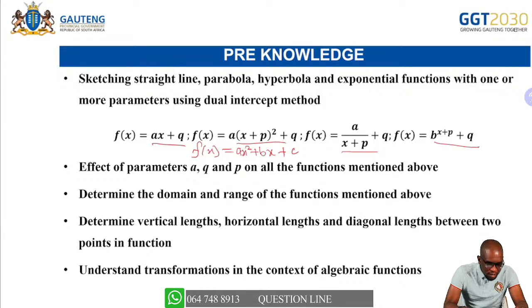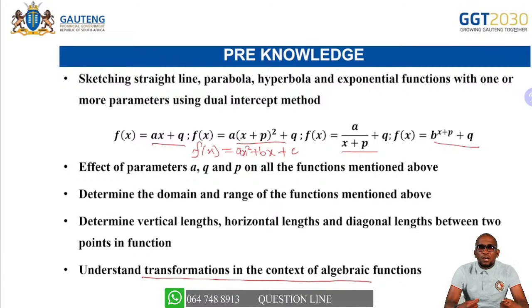Now, effect of parameters also, you should know how these parameters are going to affect these functions. Domain and range as well, very important. Vertical length, horizontal length, diagonal length, as well as any type of length between the two functions, and transformations, understanding transformations in the context of algebraic functions.